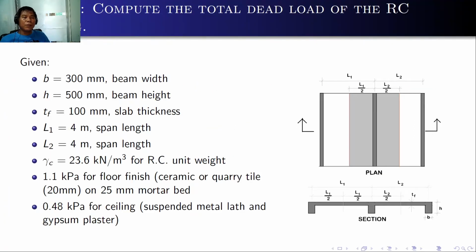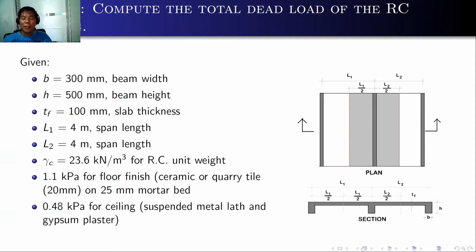So how do we do computations of the dead load? For example, we have this given diagram, a floor plan. The dimensions of the beam are 300 by 500 millimeter with the thickness of the slab being 100 millimeter, and the length of one span L1 is 4 meters and the length of the other span L2 is also 4 meters.